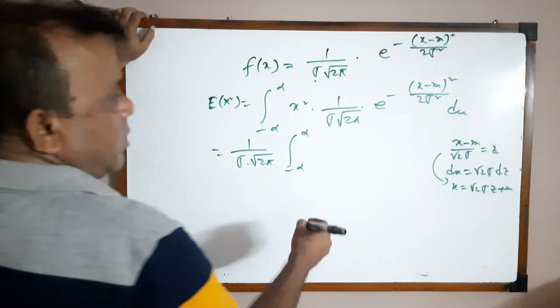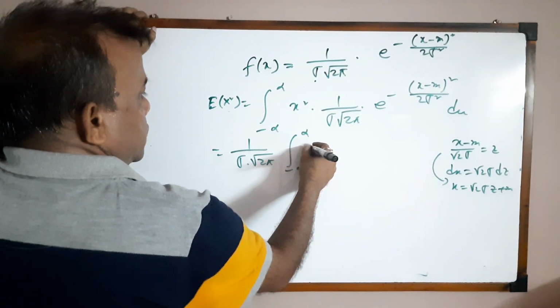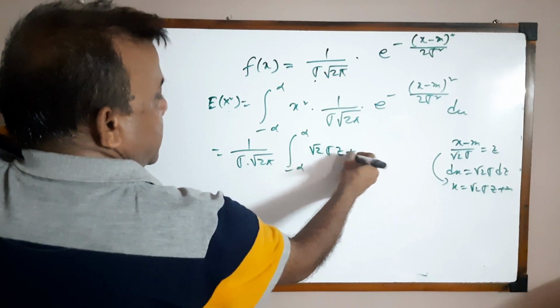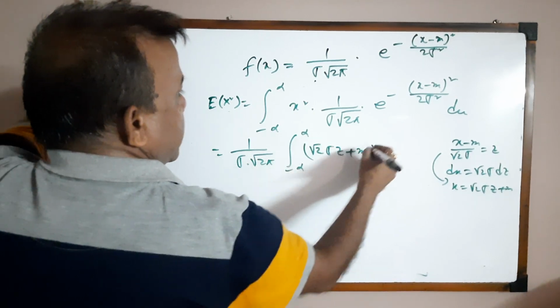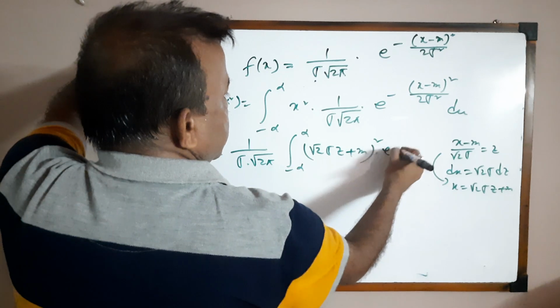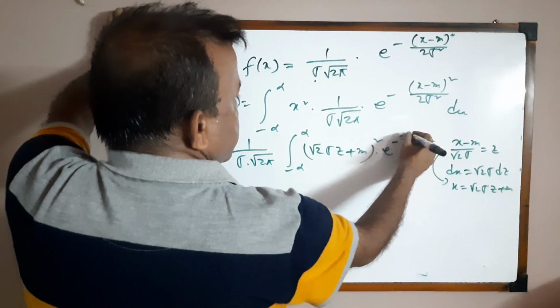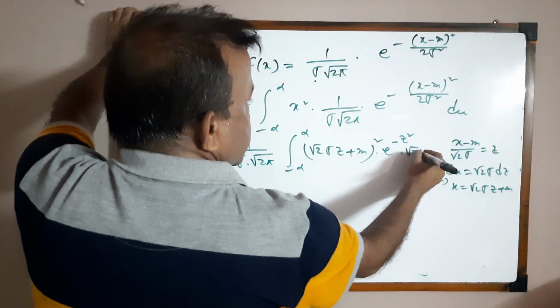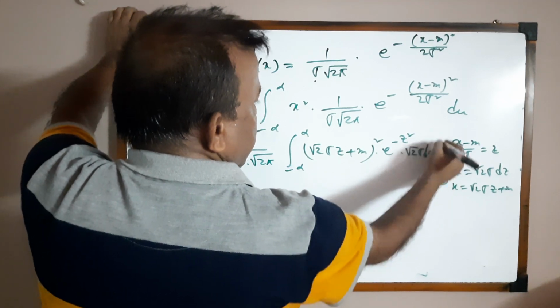Root 2 sigma z plus m, whole square, into e to the power minus z square, into root 2 sigma dz.